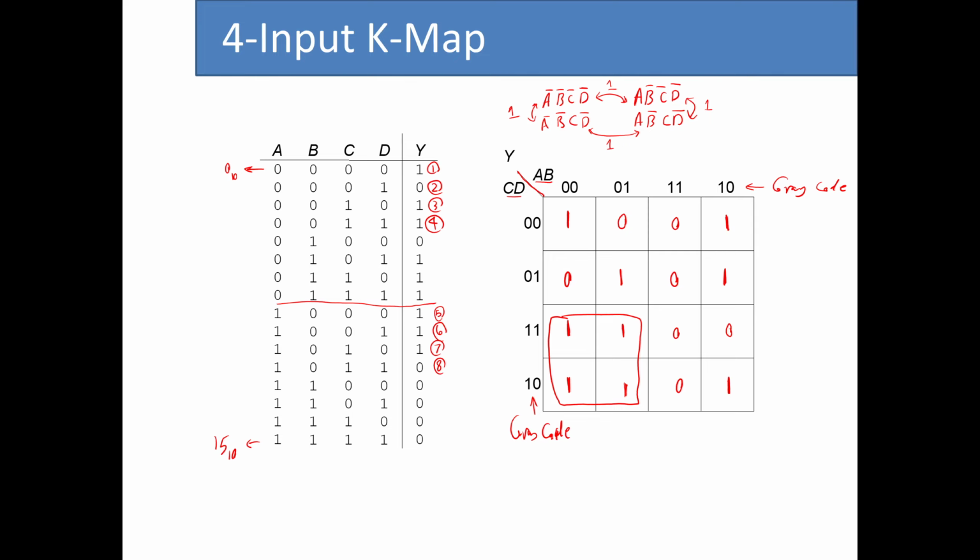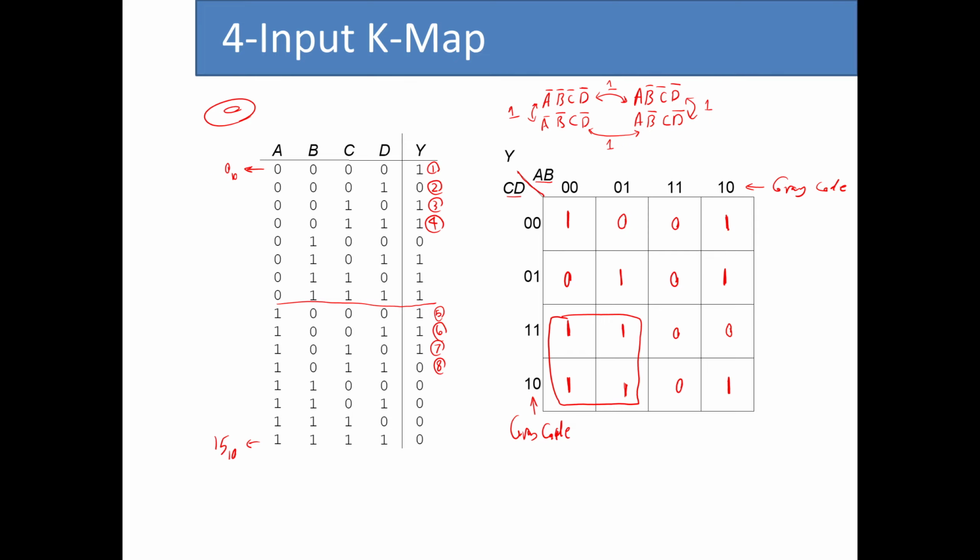Based on this, the rule from the previous slide that the edges can wrap around in Karnaugh maps makes more sense. You can think of a 4-input Karnaugh map as a torus, right? Do you remember what a torus is? It looks like a donut.